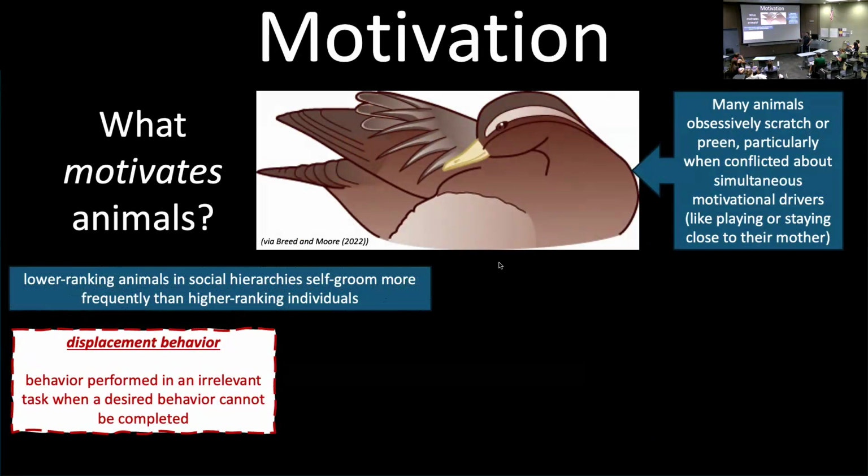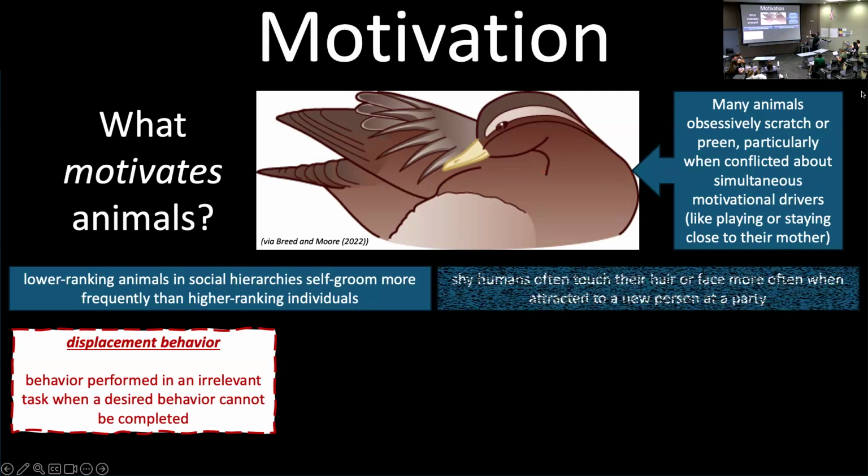For example, lower ranking animals in social hierarchies tend to self-groom more often than higher ranking individuals. It doesn't appear that the lower ranking individuals are dirtier than the higher ranking individuals. There's something else going on, this tendency for lower ranking individuals to self-groom in excess over the higher ranking individuals.